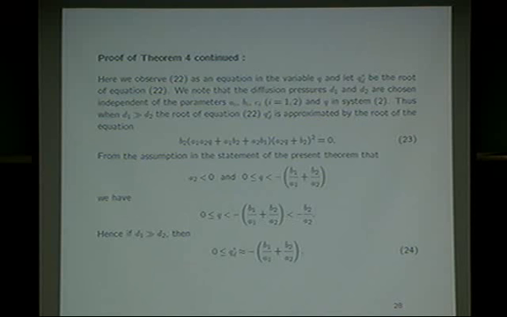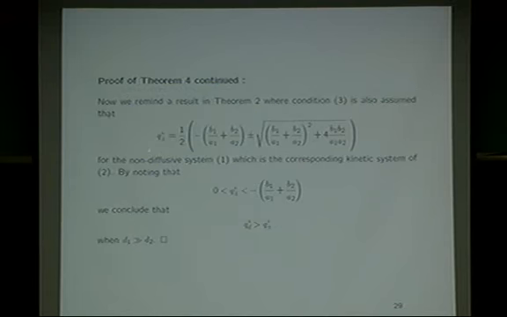These two values are the bifurcation values for the Hopf type bifurcation. And if you compare this parameter value for the diffusion case to the parameter value for the non-diffusive case, you can compare the size.